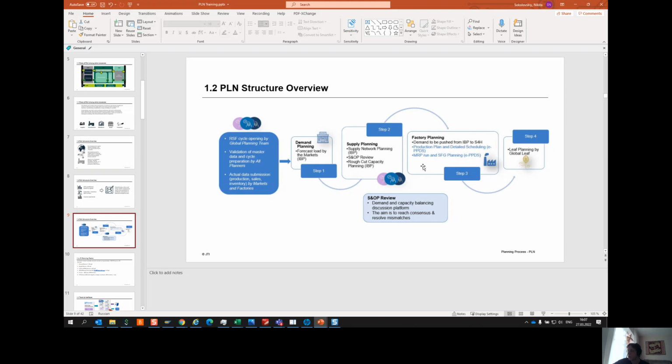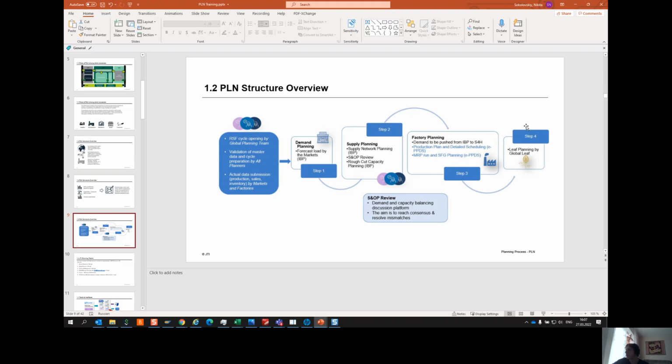So we're generally going from the high-level, more approximate picture to the more narrow, more detailed, more specific picture for every particular factory.